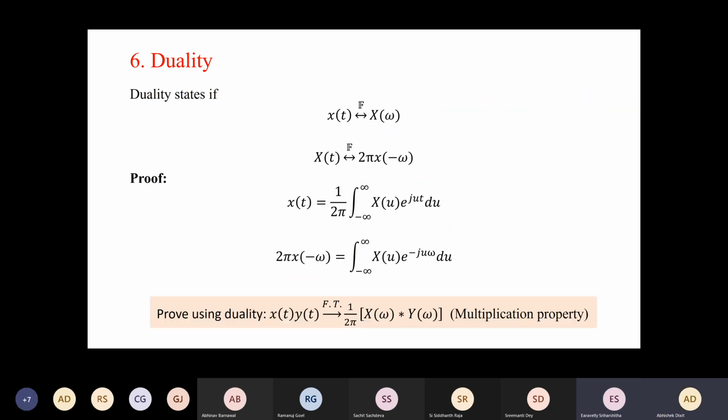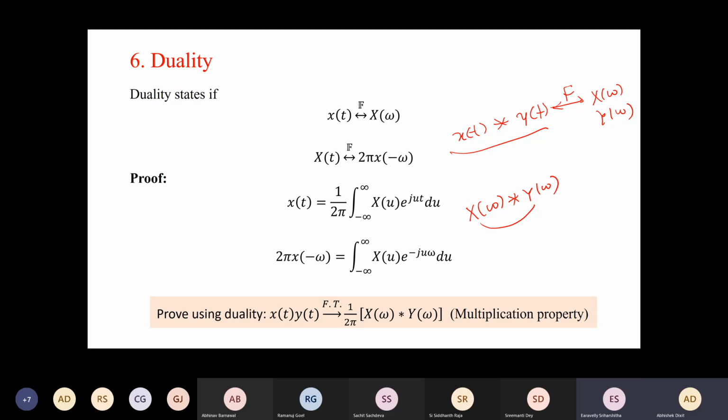Now using duality, this is what you have to prove. We have already seen that x(t) convolved with y(t) has the transform x(omega) y(omega), and similarly, using this fact and using duality, you can prove that x(omega) convolved with y(omega) gives multiplication in the time domain, because convolution in time domain leads to multiplication in frequency domain.